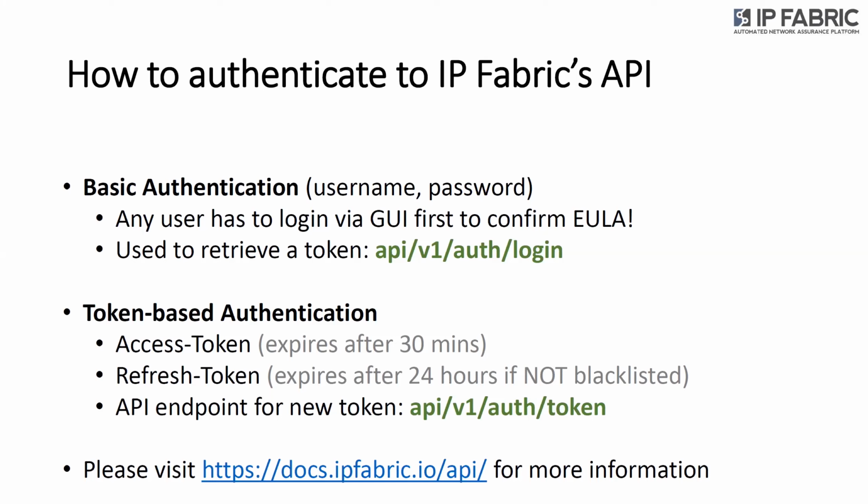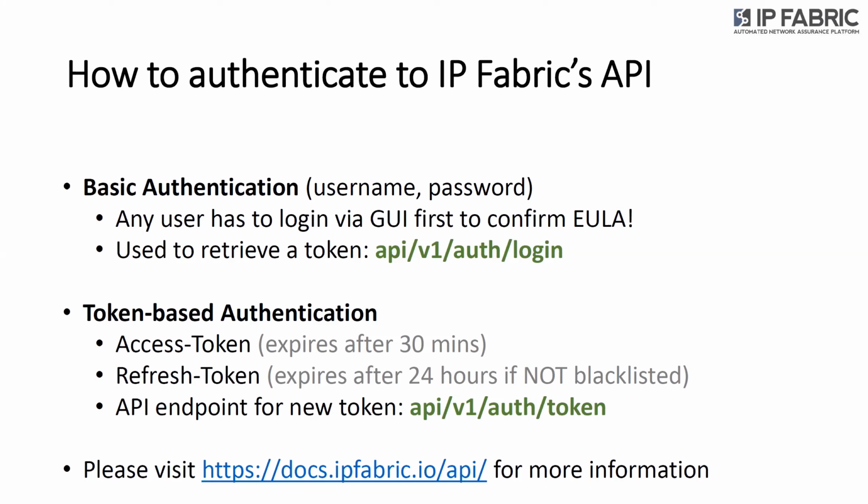This basic authentication model is usually just used for getting a token. And then you can switch to token-based authentication. After you log in through the basic authentication, you can retrieve two types of token. The first is the access token. The access token you can use to extract any kind of data from the IP Fabric.